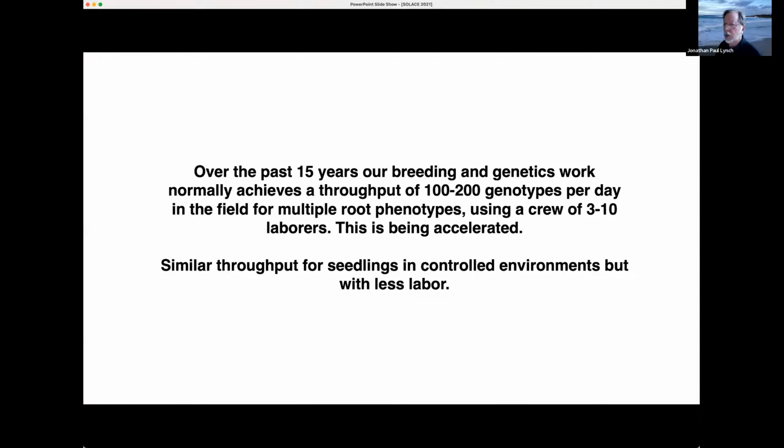And as I'll talk about in a moment, this rate is being accelerated. We have similar throughput for seedlings in controlled environments, but with less labor. And in our hands, this throughput is sufficient for breeding and for genetic analysis.